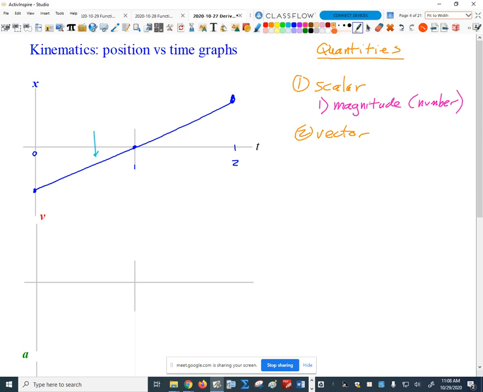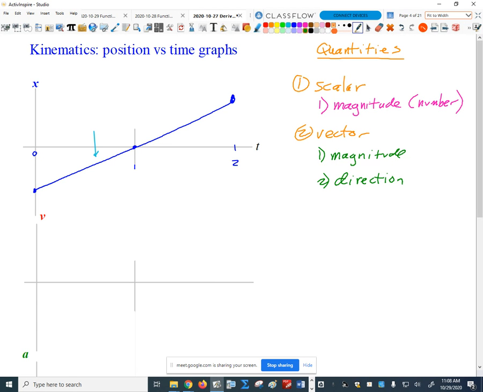Vector quantities, however, require two parts. They require a magnitude, which is a number, and they require a direction. So an example of a scalar quantity would be something like the temperature of the room.